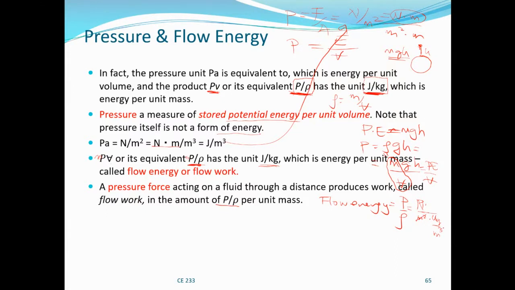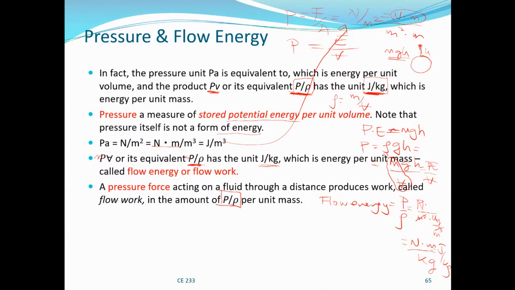You can see this canceling this, and then you have N times meter over kilogram. So that's why we say joules per kilogram, which is the flow work or flow energy, P over rho, in joules per kilogram, which is the energy per unit mass.